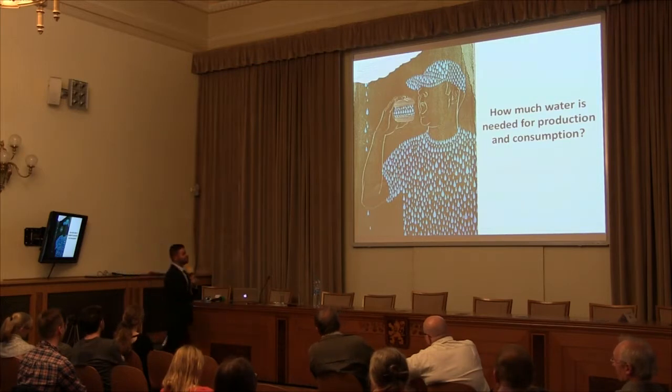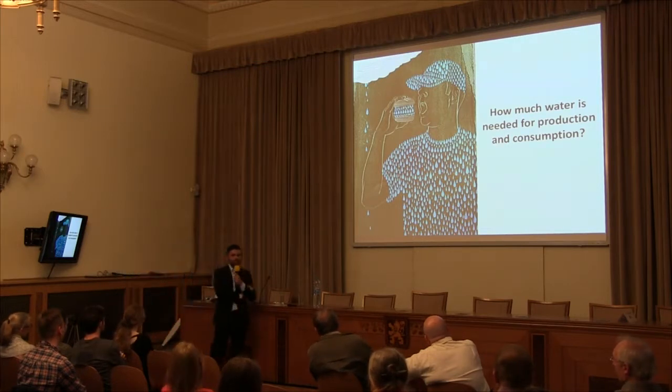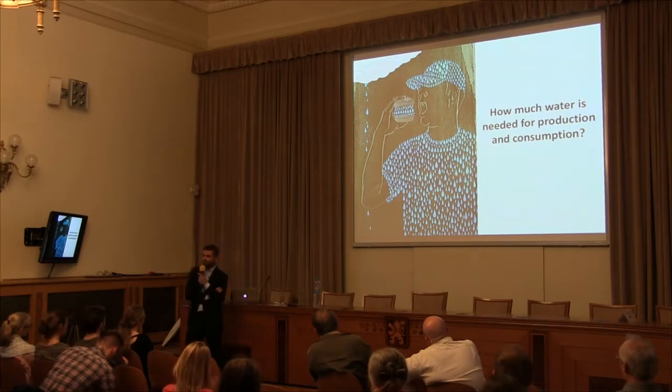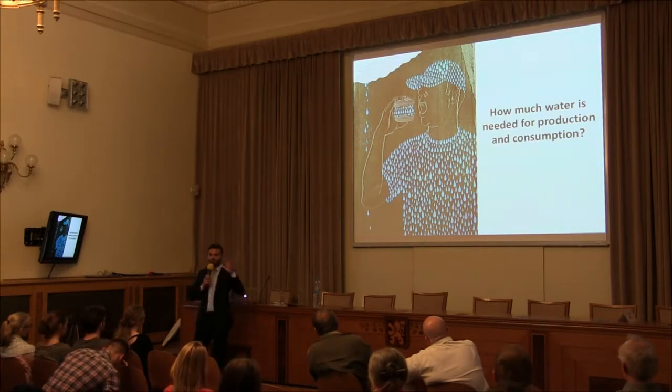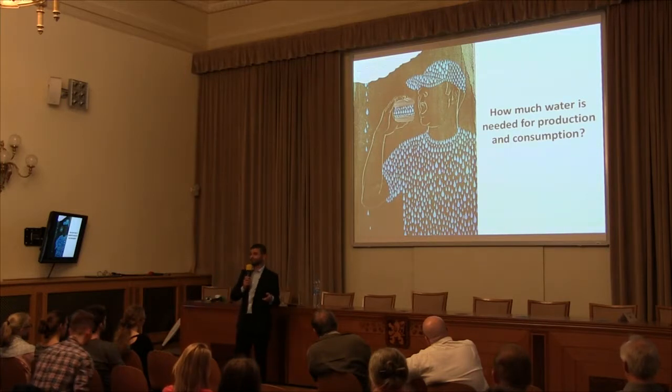So what is the problem? Water is renewable. So what is the problem of using or consuming the water? Simple as this. You consume it, it evaporates, you don't know where it goes. Probably it will fall as rainfall somewhere on the ocean.